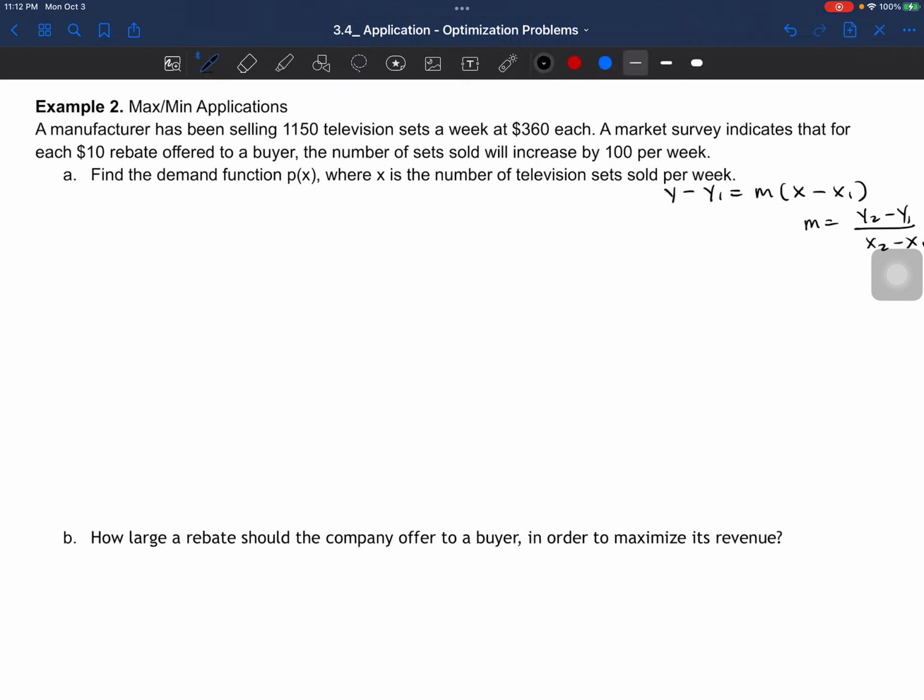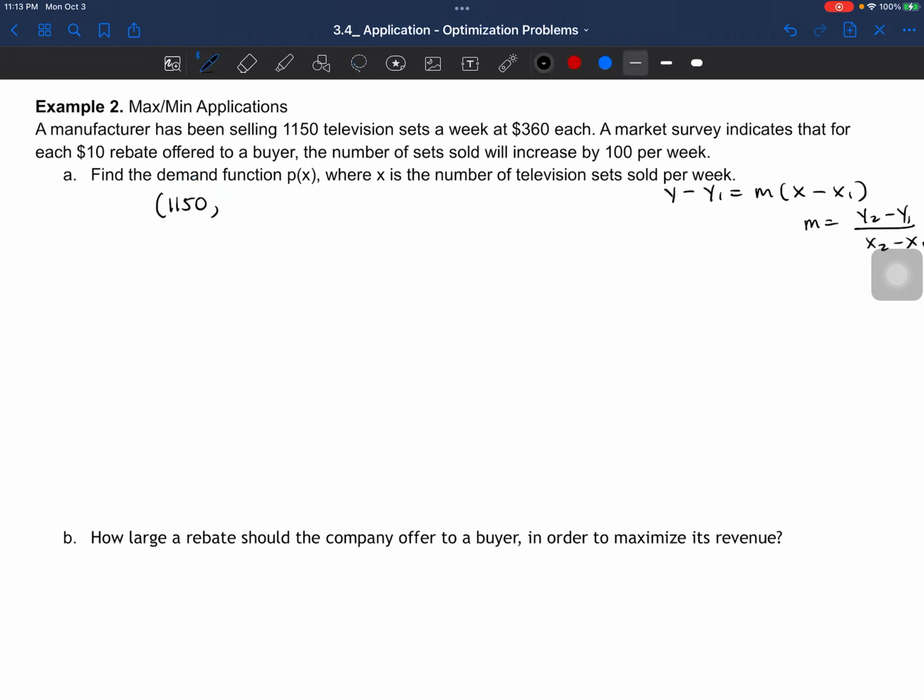So what we're gonna do here is look at the change. Let's find the change between the price and the number of units sold. So let's compare the two numbers. If we start at 1,150, right?